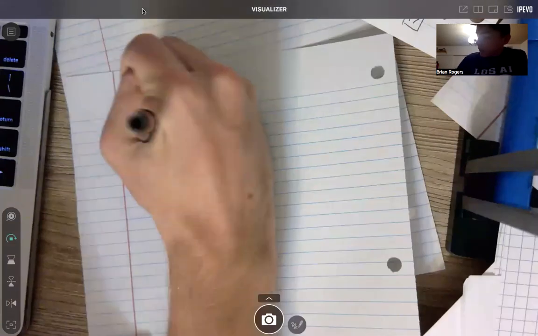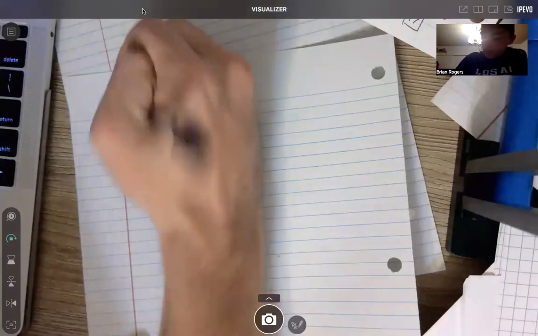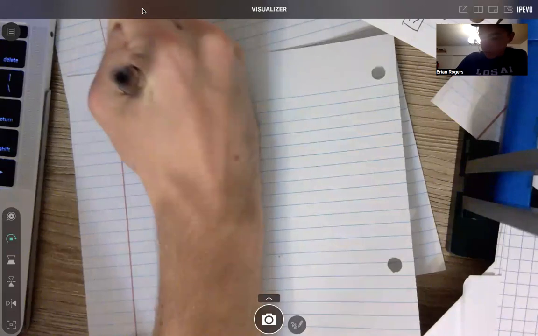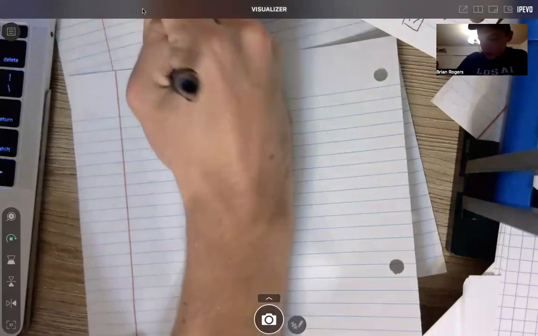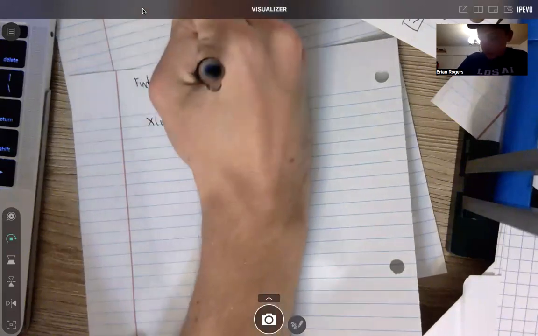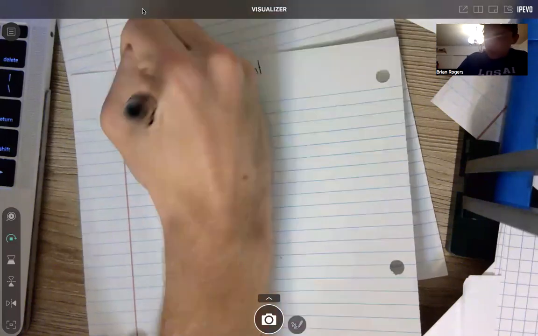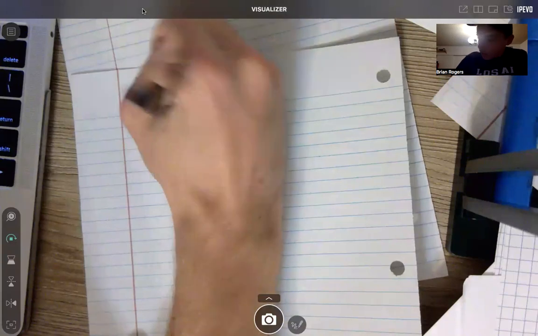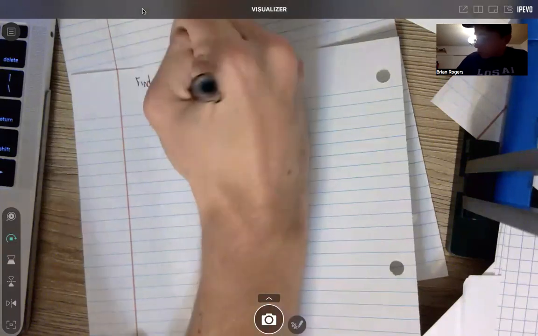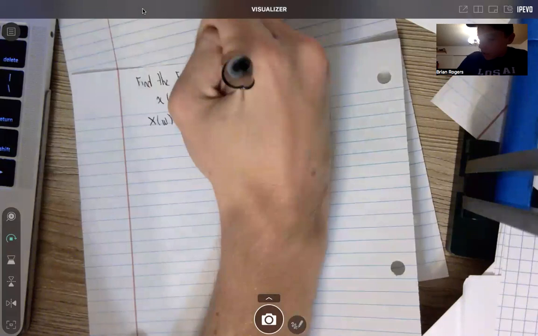So find the Fourier transform of x of t equal to e to the negative at u of t, where a is greater than 0.